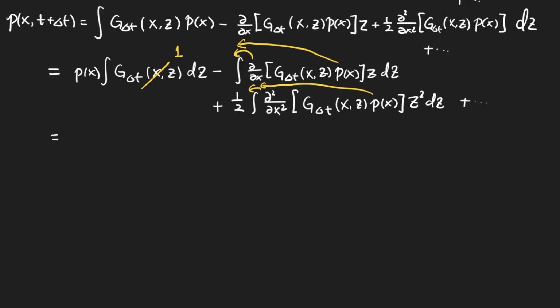The first term will reduce to p of x, and then we'll have the derivative operator act on p of x times the integral of z.